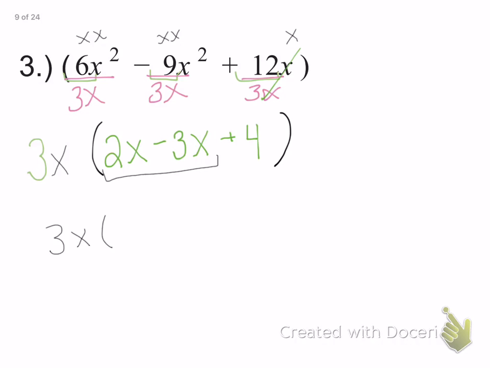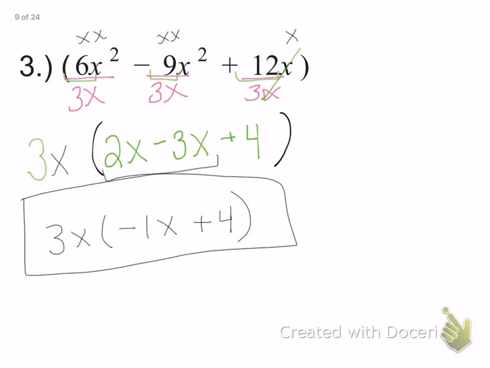That's 2x minus 3x, so we get a negative 1x plus 4. And that is our answer. Our GCF here was 3x, our greatest common factor out of each term.